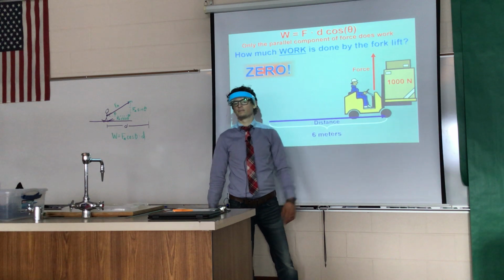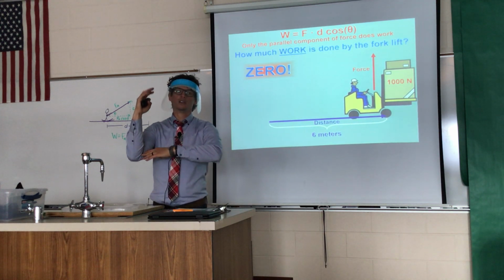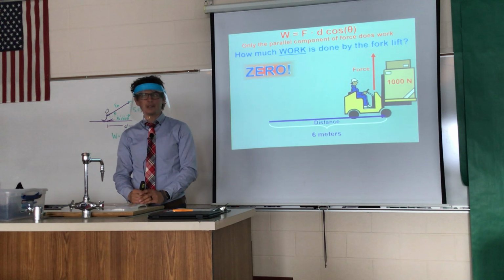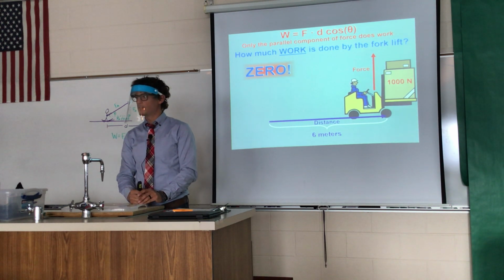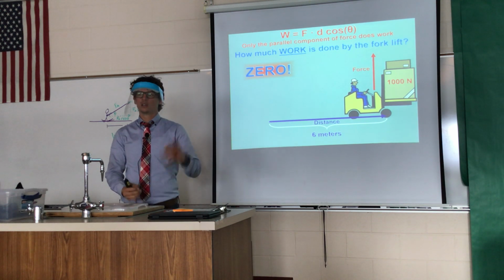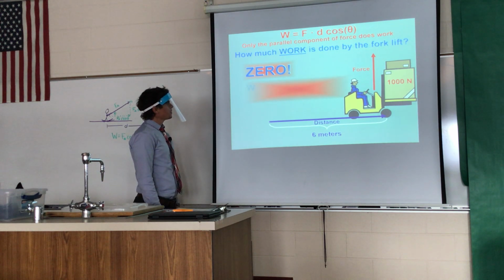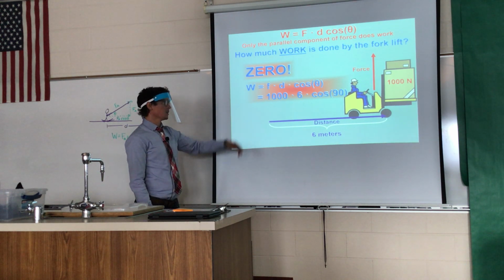What do we got? 90 degrees, right? Perpendicular. What is the cosine of 90? It is 0. If you plug it into your calculator, you can prove it. Very easy. Cos 90 equals 0. Okay, 0 work done. And that would be this plugged into the equation.